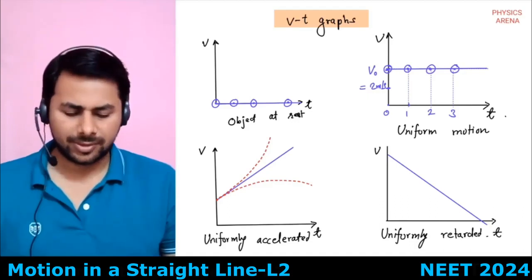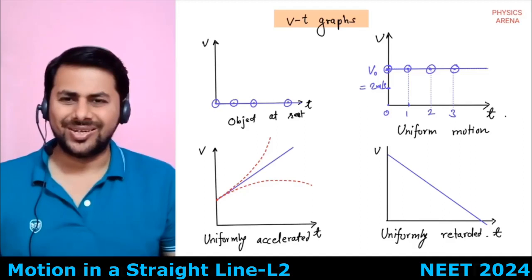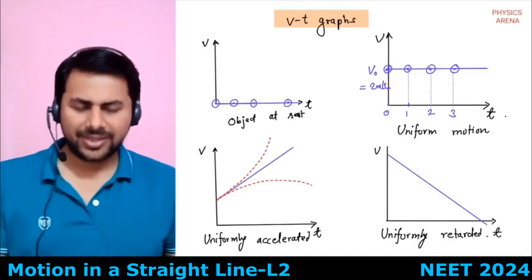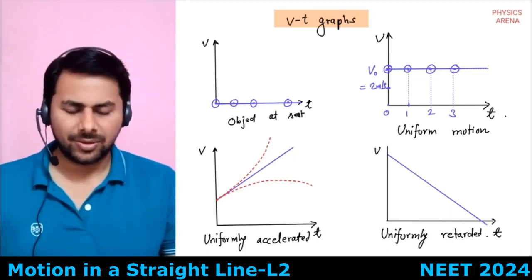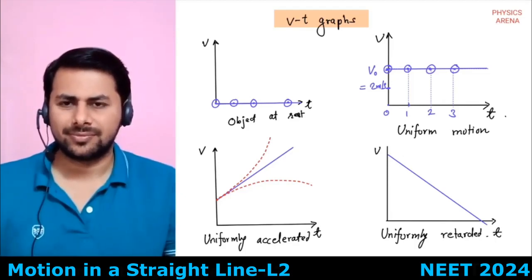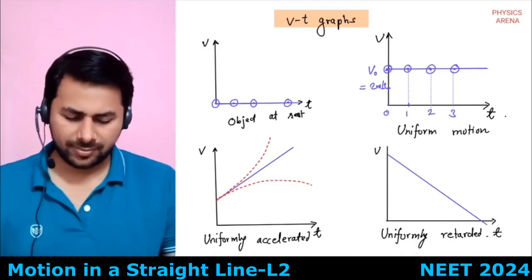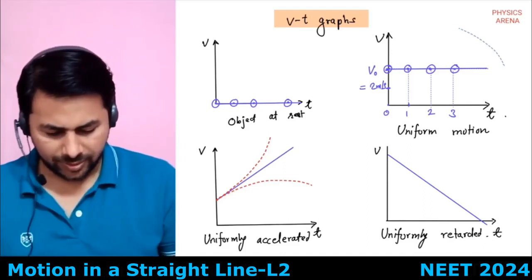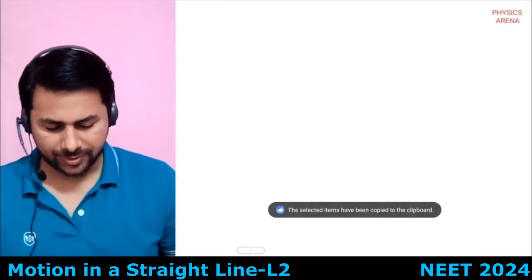Velocity into time. From the graph, what will that look like? Slope will give you displacement or acceleration? Sir, area gives the displacement, whereas slope gives the acceleration. Good. So area will give you displacement, slope will give acceleration.